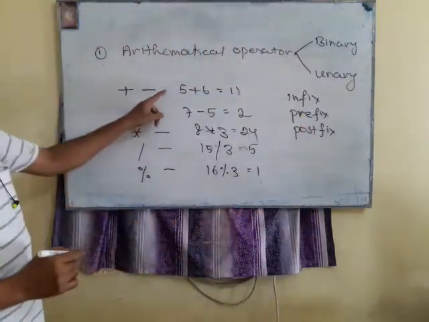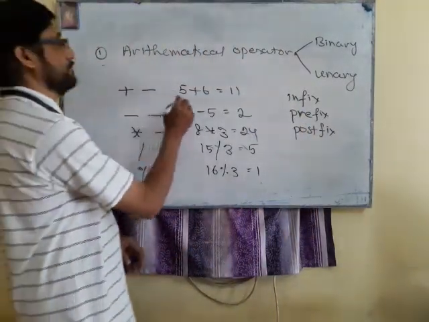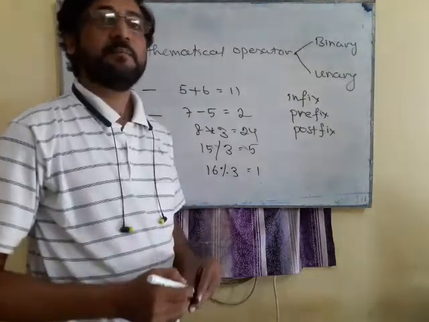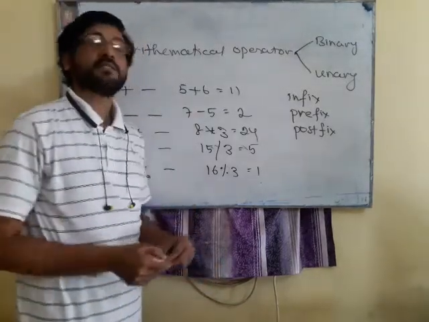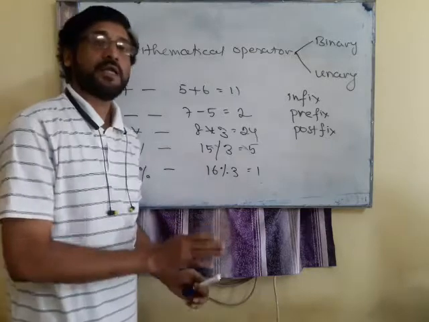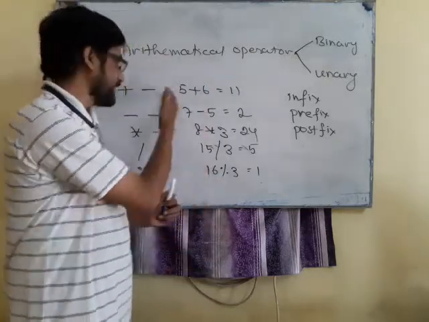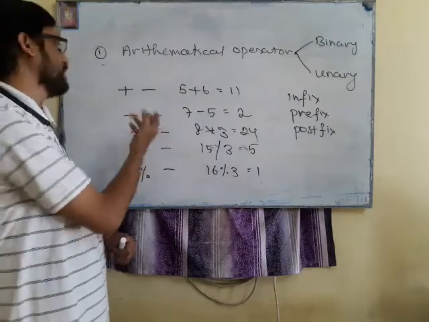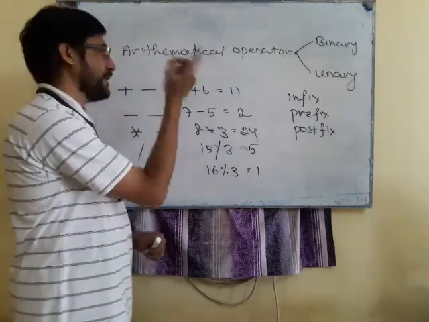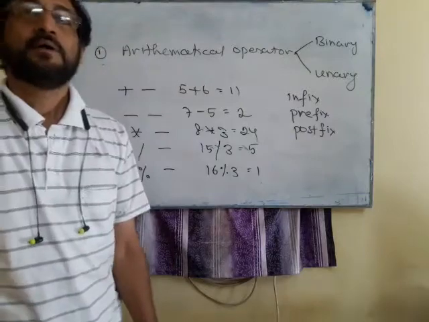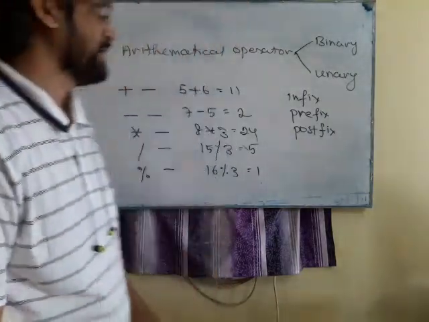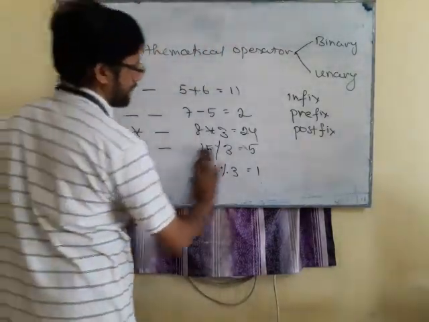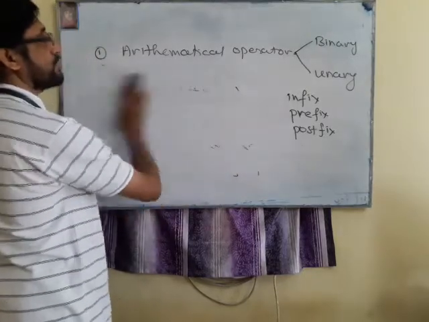If the operator is present in between two operands, then it is known as an infix operator. All these arithmetical operators are binary infix operators. Binary because they take two operands, and infix because the operator is in between the operands.